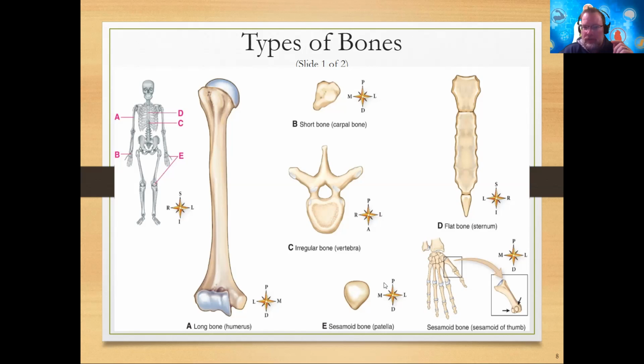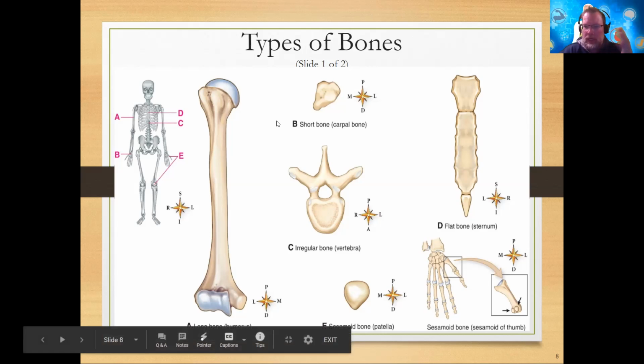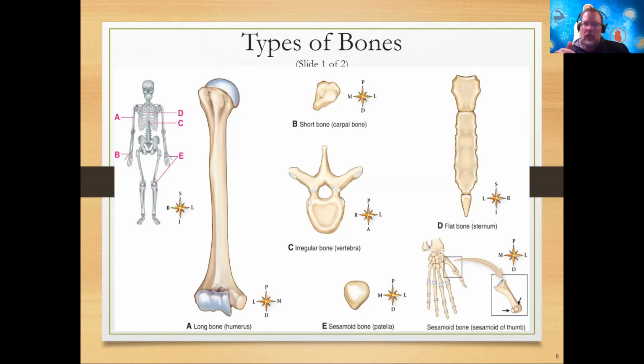So most of these bony landmarks, as we go through specific bones later tonight and certainly on Thursday, we're going to also look at what are called bony landmarks. And bony landmarks are these little bumps and grooves and ridges that we see on bone. And a lot of these bony landmarks are going to be sites of muscle attachment, tendon attachment.